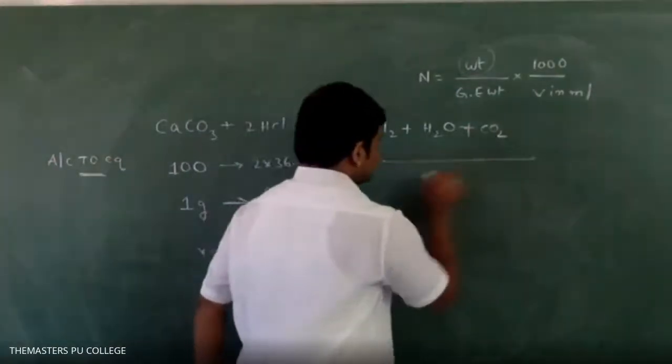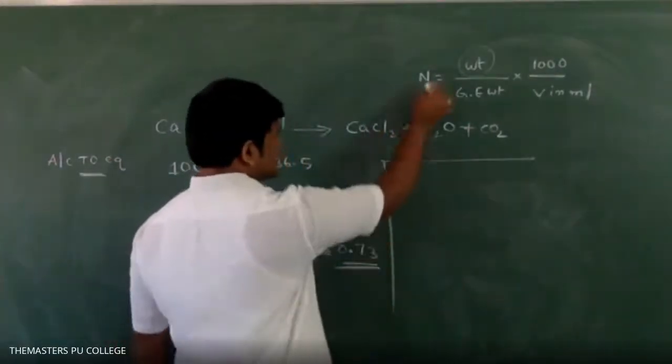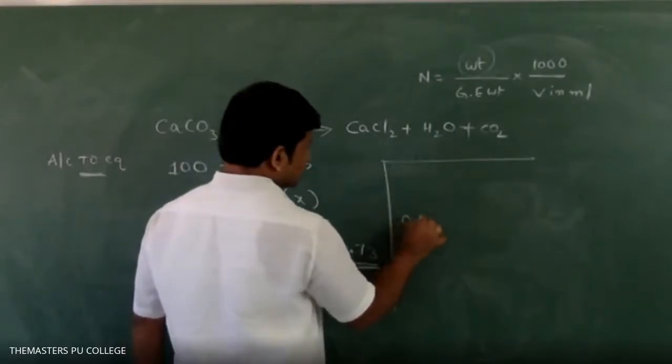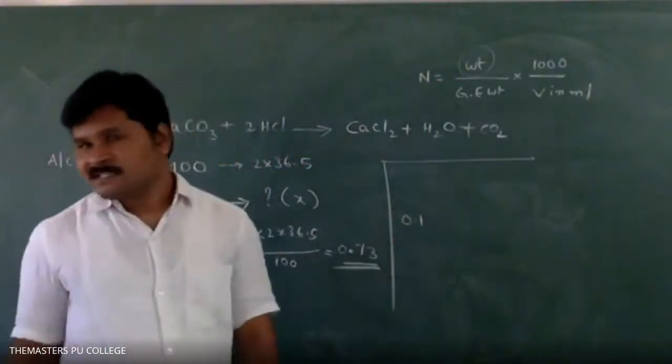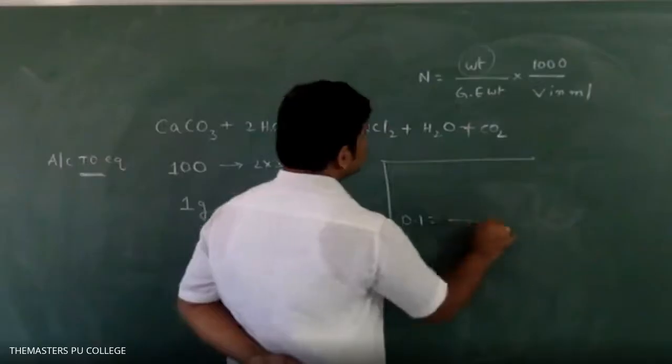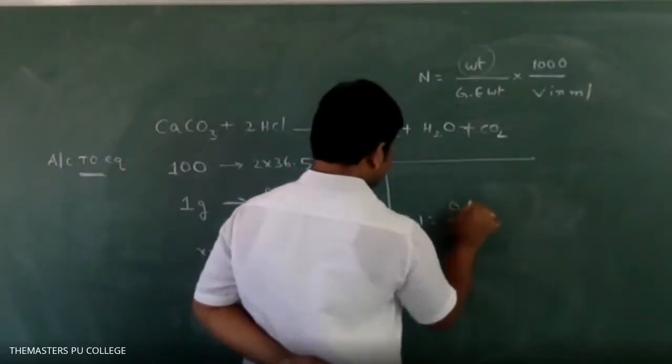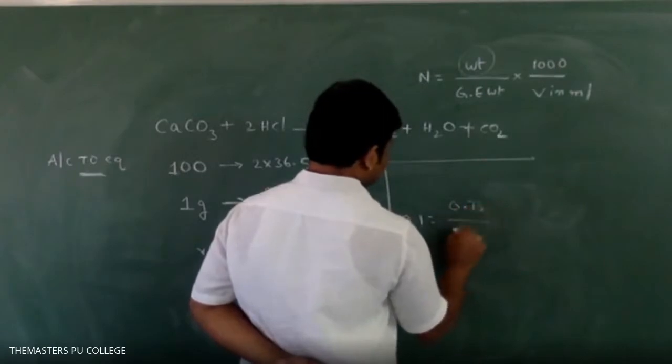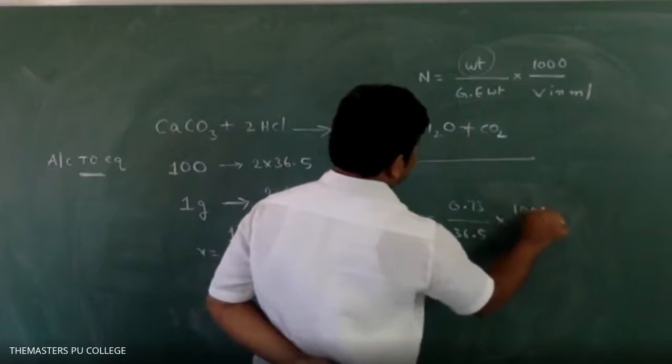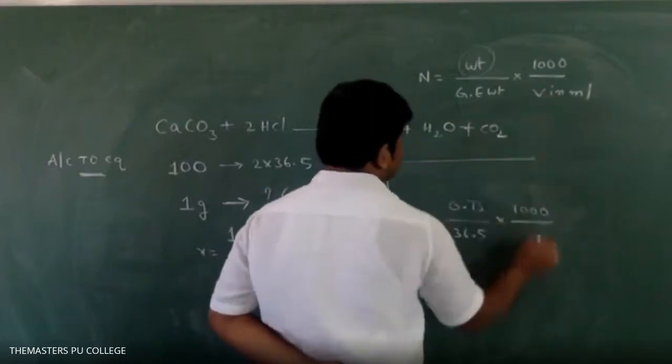So now I am substituting in this formula. Normality of HCl given in the question is 0.1. Yes, sir. 0.1 is equal to 0.73 divided by 36.5 into 1000 by V in ml.